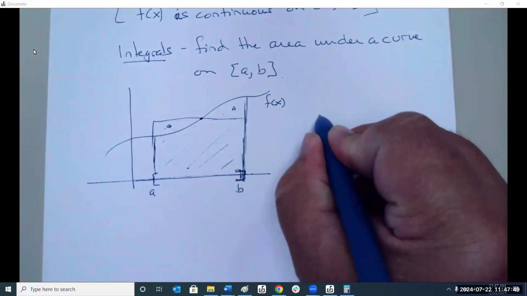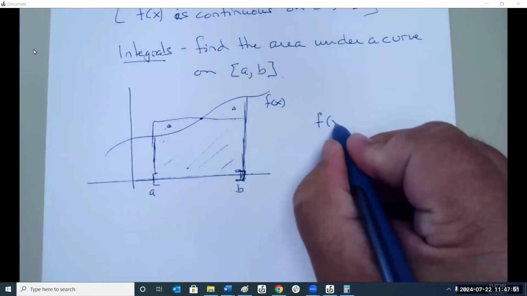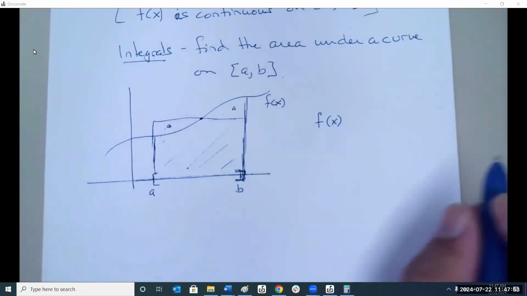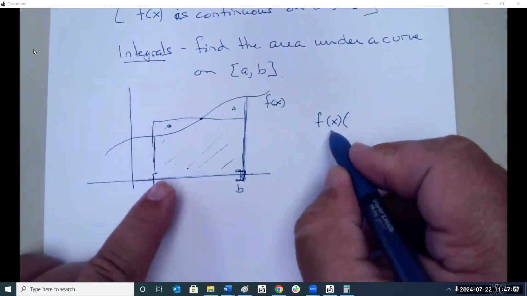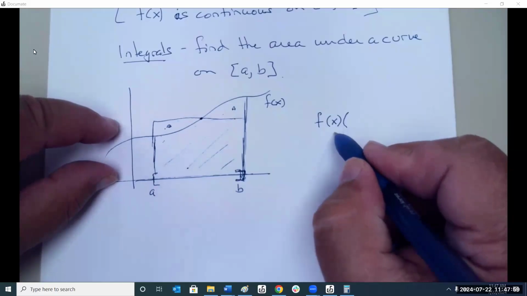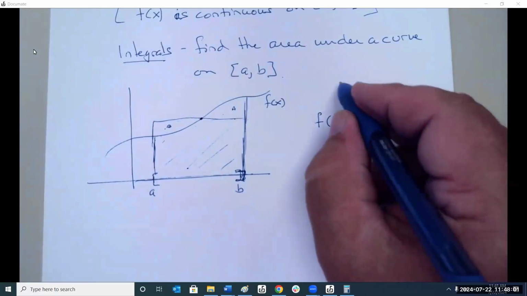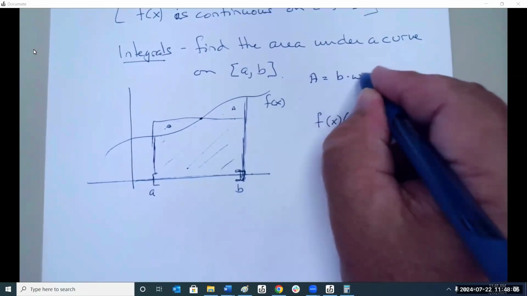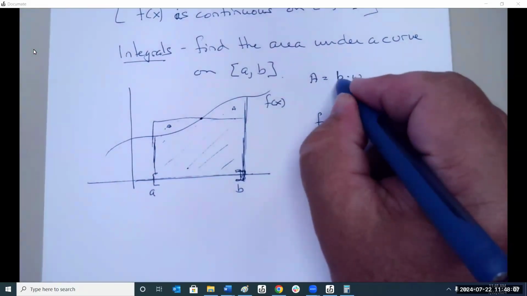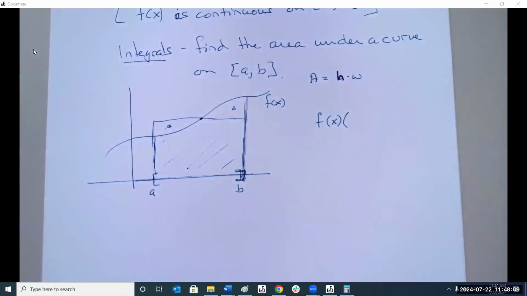So what this is saying is our function times, this is the height. F of x is the height. Remember, area is base times width, or height times width.